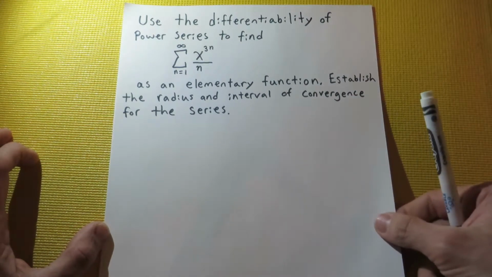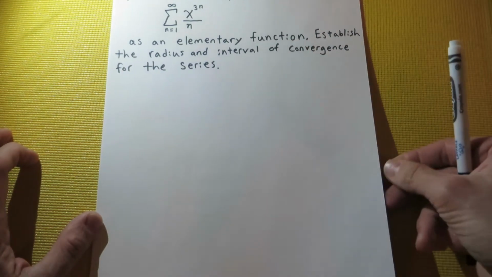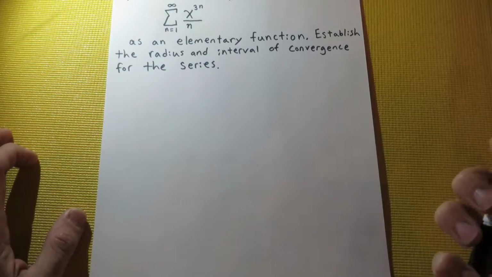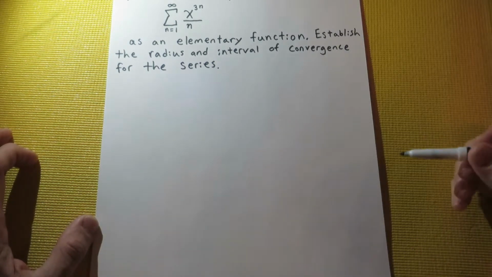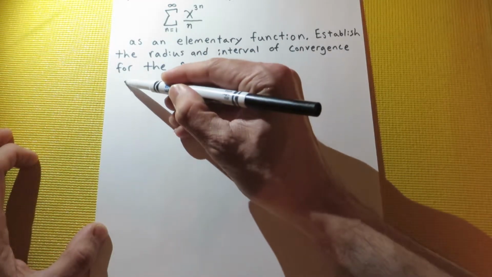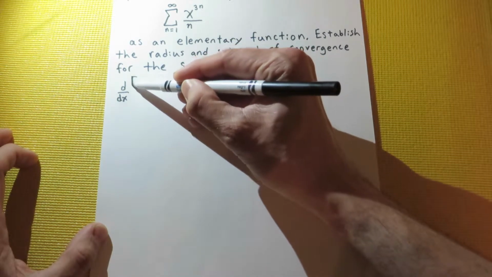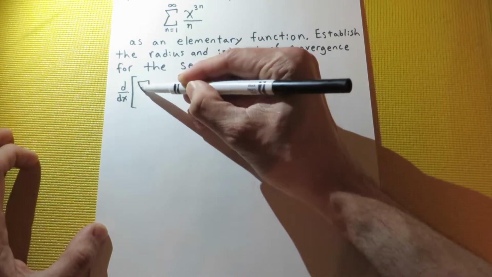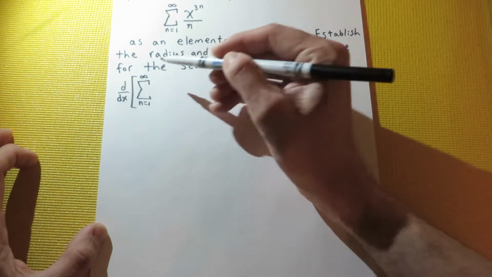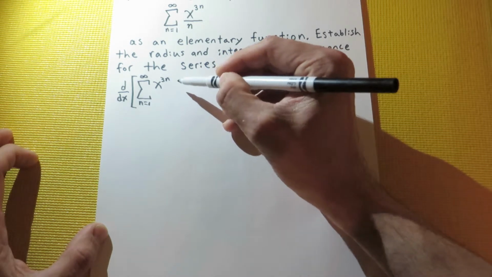So the differentiability of power series means that we can take our series here and differentiate it. So we're going to differentiate our series, just put it in brackets here: x to the 3nth power over n.